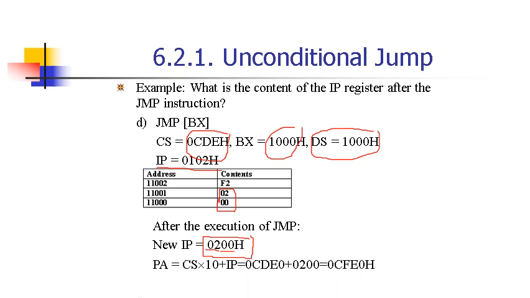Good. The physical address of this new instruction to be executed is obtained now by multiplying CS by 10 and adding to it the new value of your IP. So here are the 20 bits of your new physical address. Good.